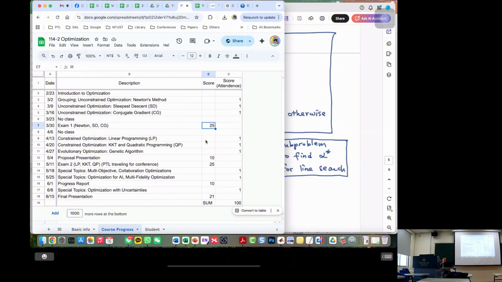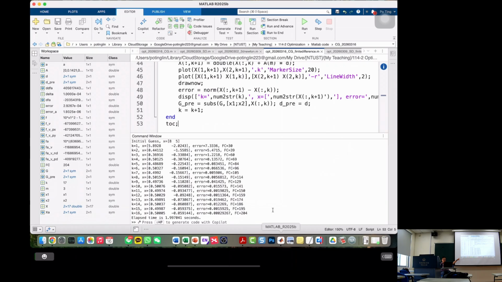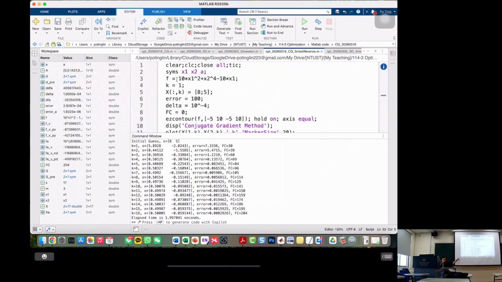Okay, and if you want to try it, I will recommend you try these 3 methods with my codes. Just download the codes, but in the exam, I won't give you the codes. I'm not sure what I will be giving you, but you can use my code as an example.